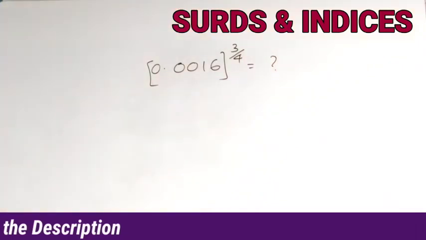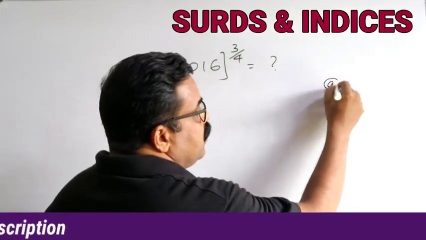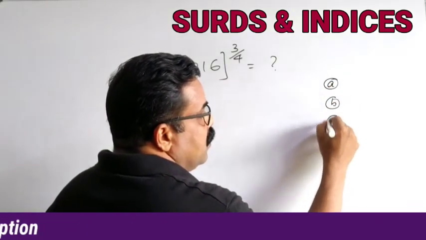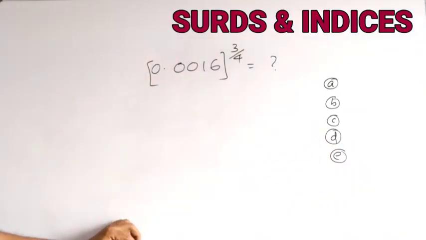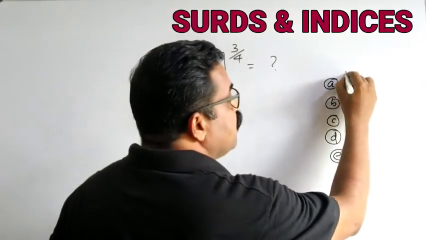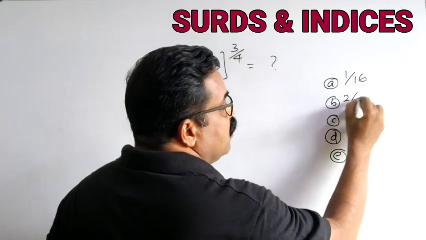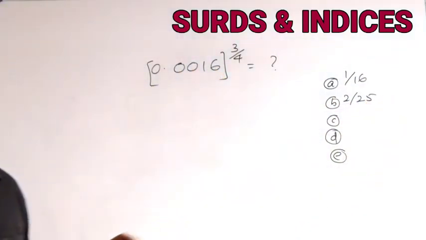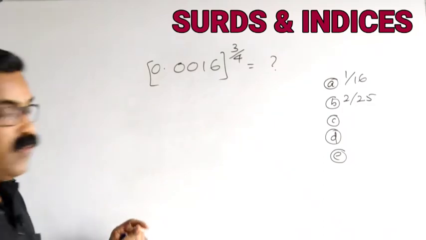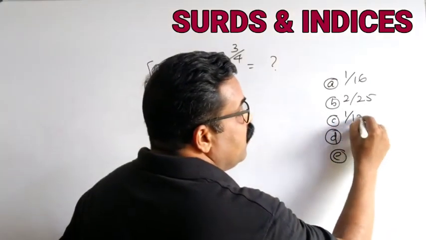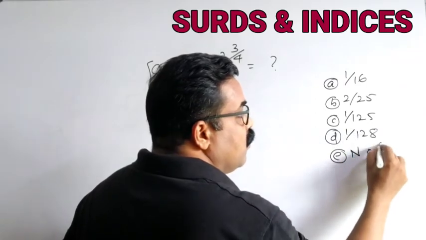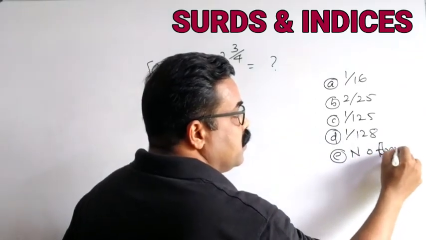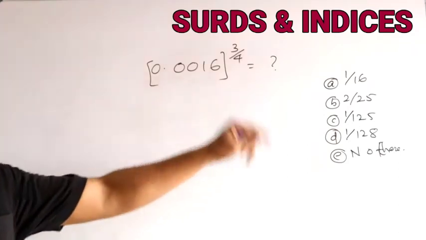Five options are also given: 1 by 16, 2 by 25, 1 by 125, 1 by 128, and none of these.